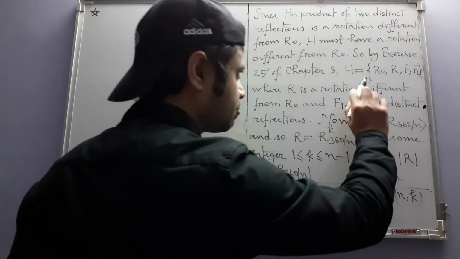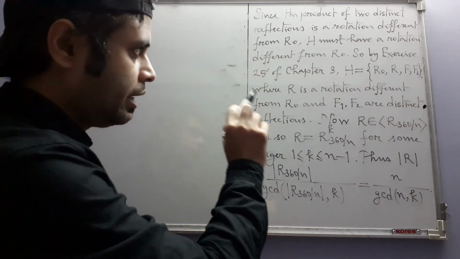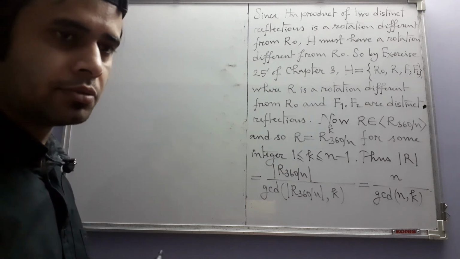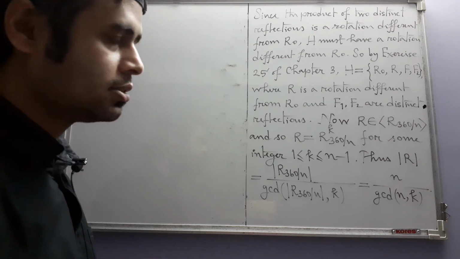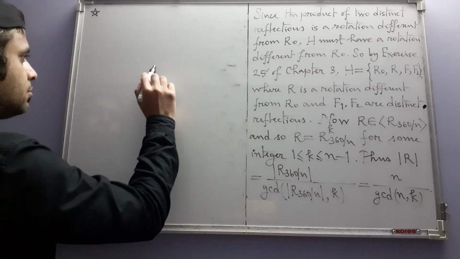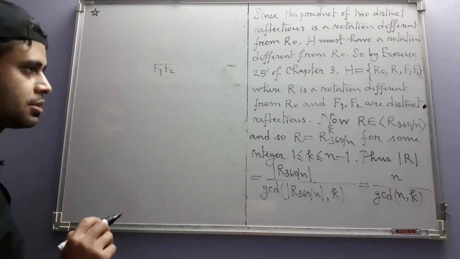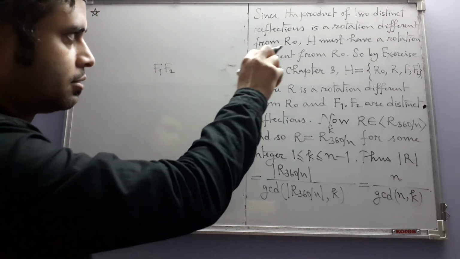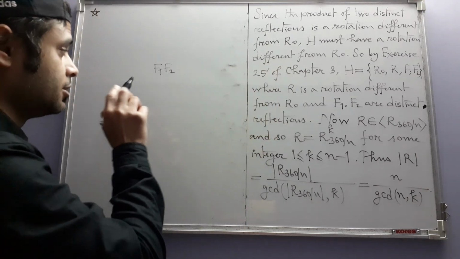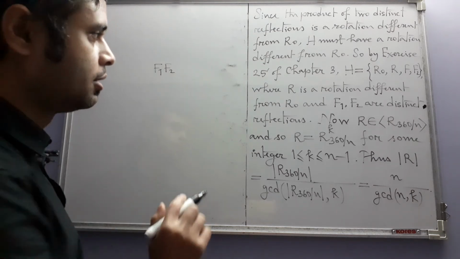However, from the structure of this group, what do we see? H has order 4, so H is an abelian group. Any group of order 4 is abelian. And F1, F2, because F1 and F2 are distinct reflections, their product should be a rotation different from R0.